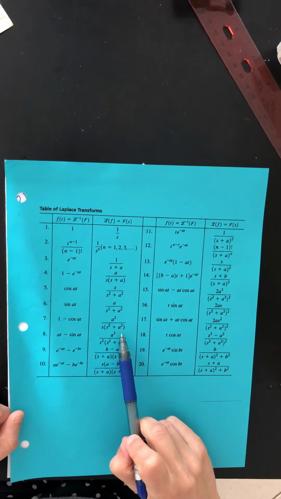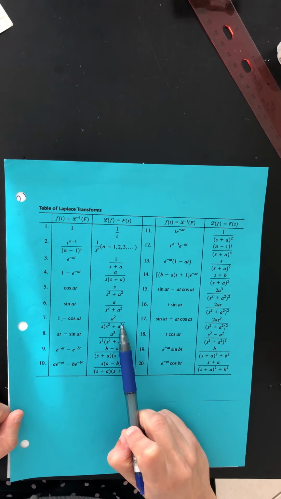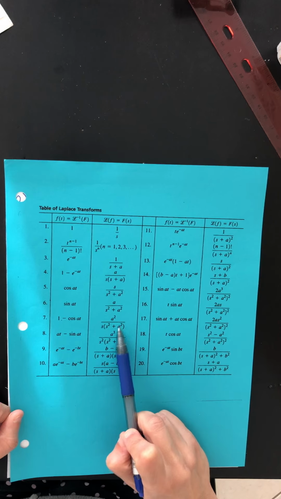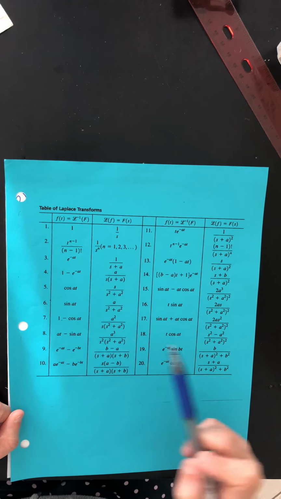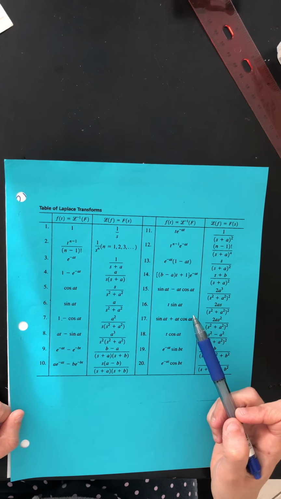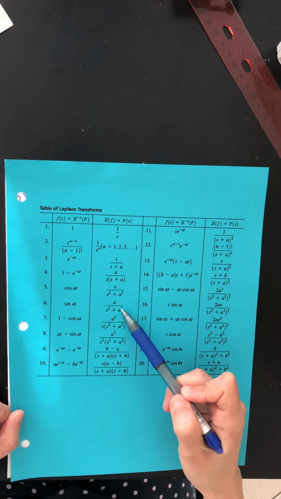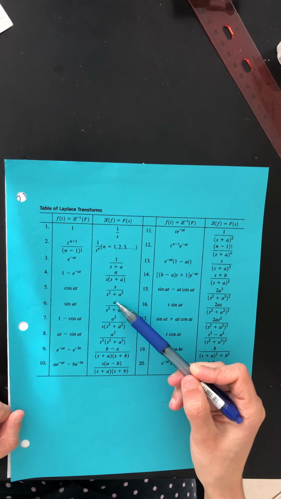For number 7 in the transform table, if we have 2 here, then we should have 2 here. And for number 6 in the transform table, if we have 2 here, we should have the square root of 2 here.